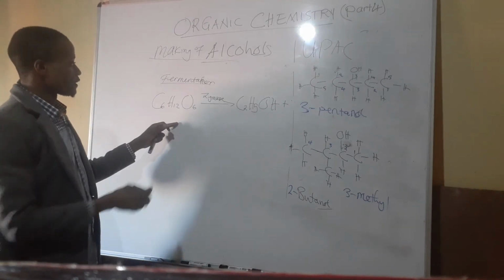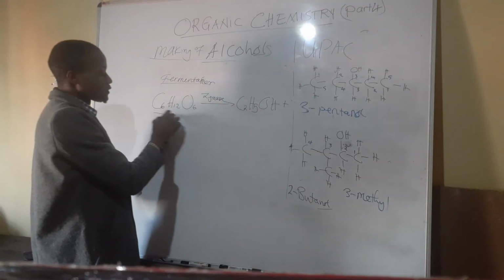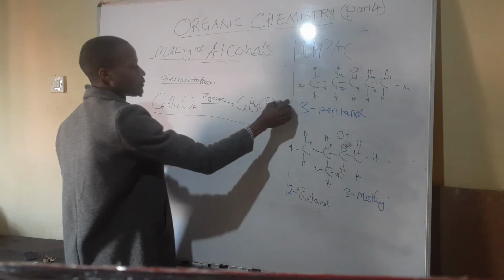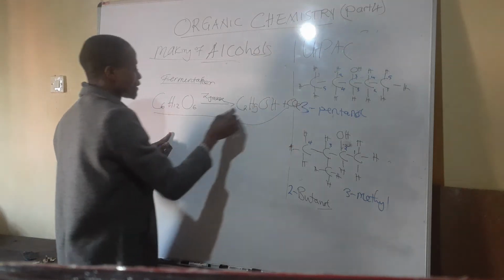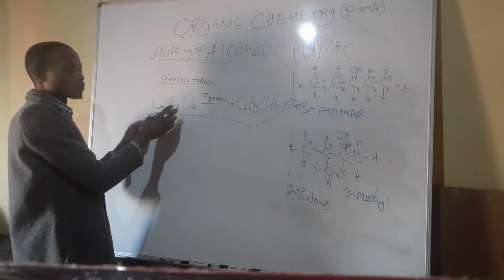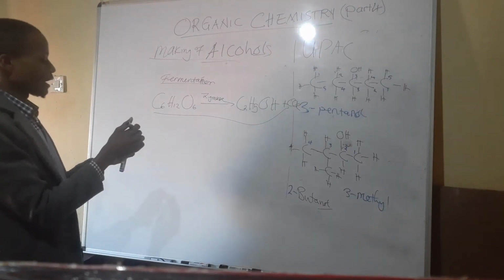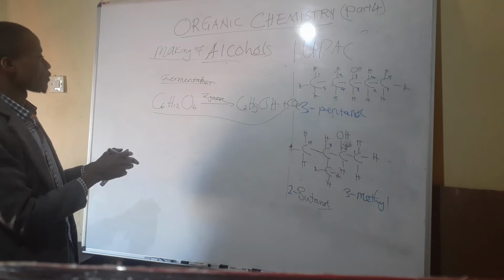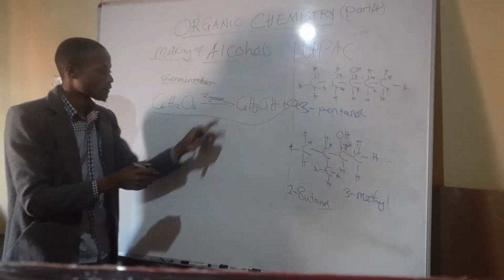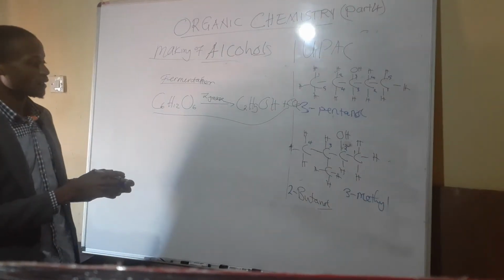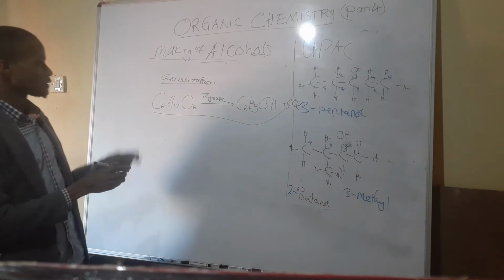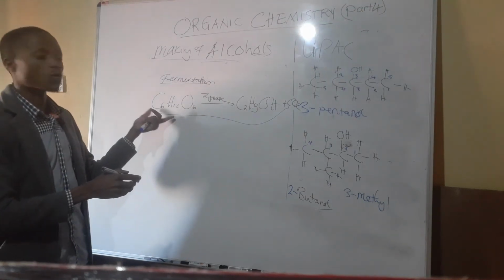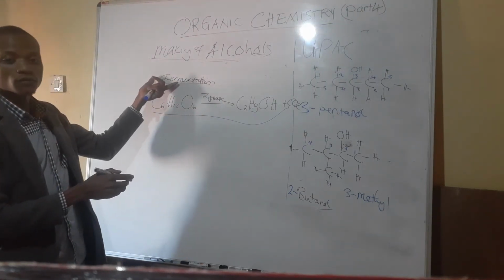This is fermentation. This is the one which is used by industries to produce most of the alcohols which people consume, because alcohol, specifically ethanol, is the one mostly found in beers. So this is an industrial preparation of alcohol.